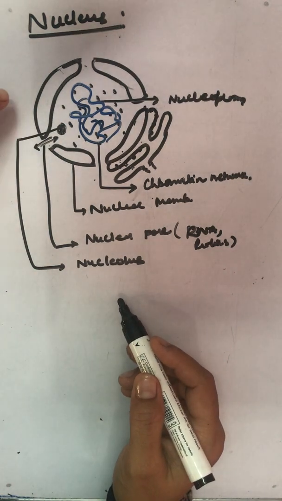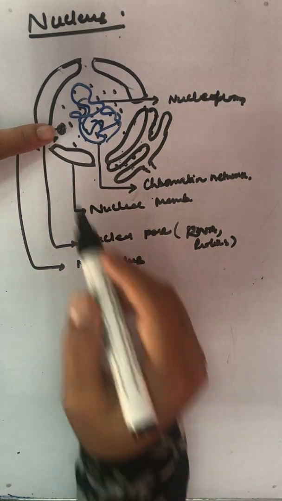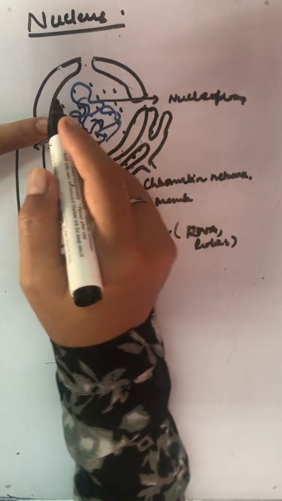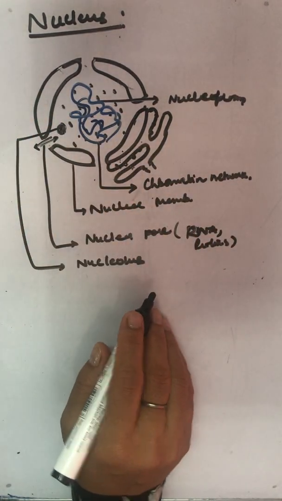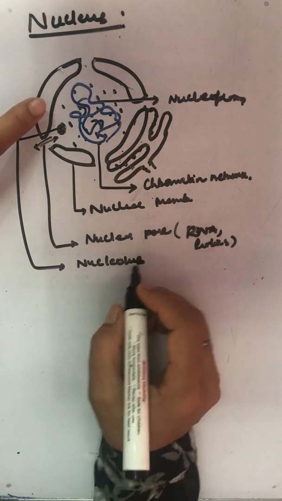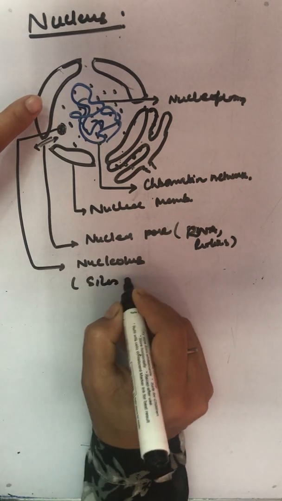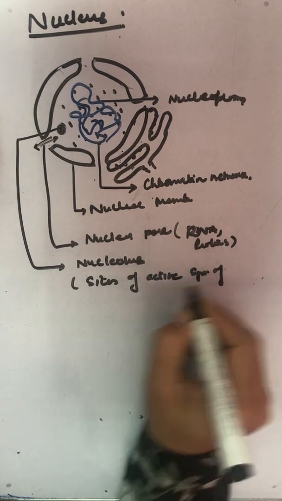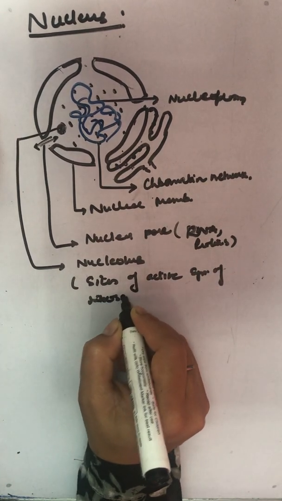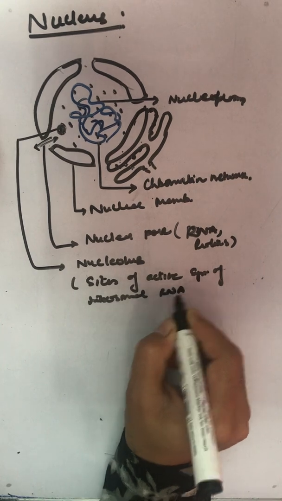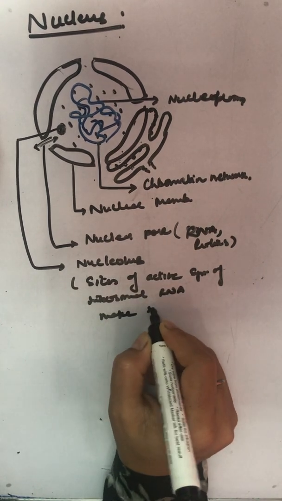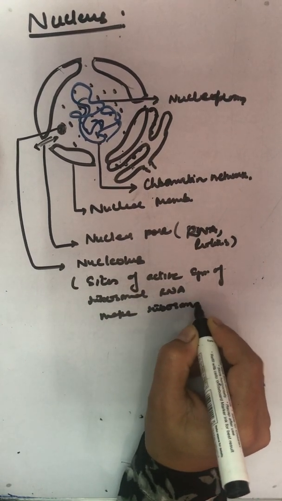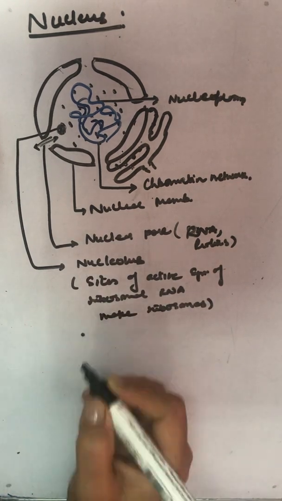What is nucleolus? The contents of the nucleolus is continuous with the rest of the cytoplasm. It lacks the boundary membrane. They are the sites of active synthesis of ribosomal RNA, and they make ribosomes, right?